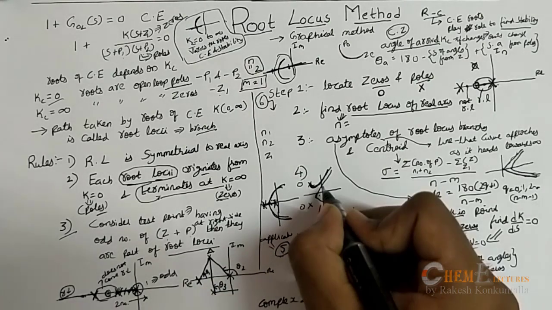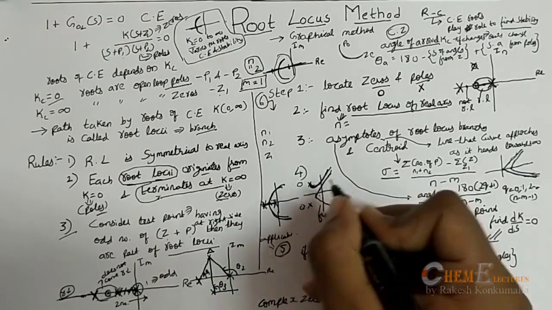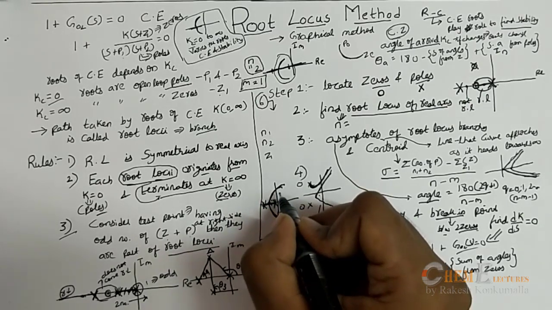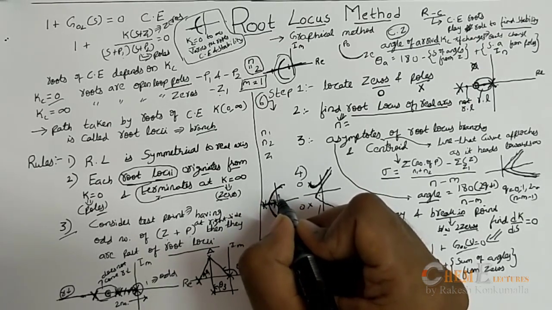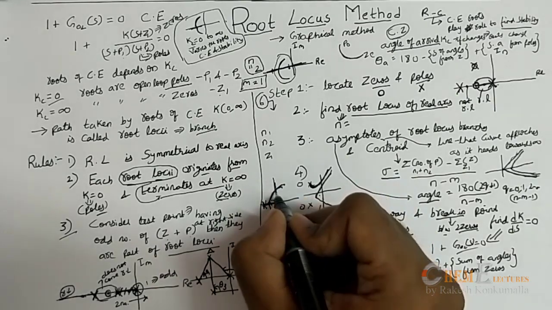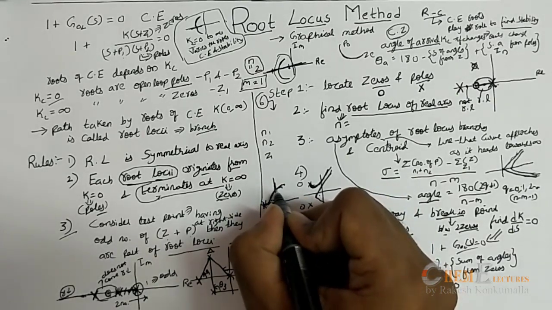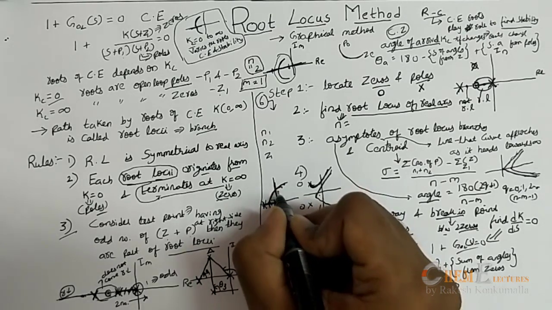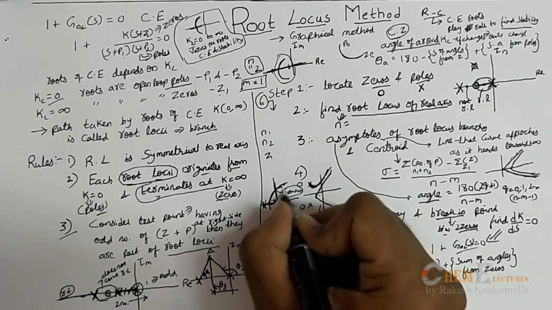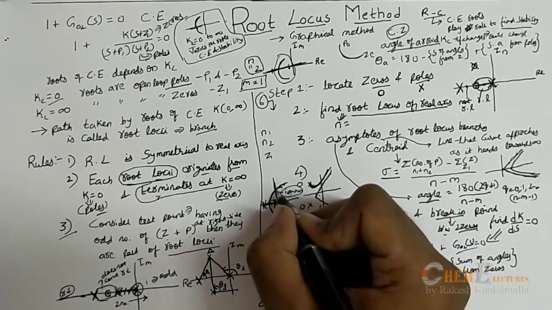Suppose this is my curve of different roots for different values of Kc. Then you need to find the point of intersection where this root locus is touching the imaginary axis.